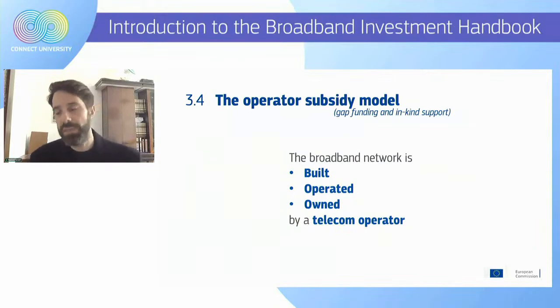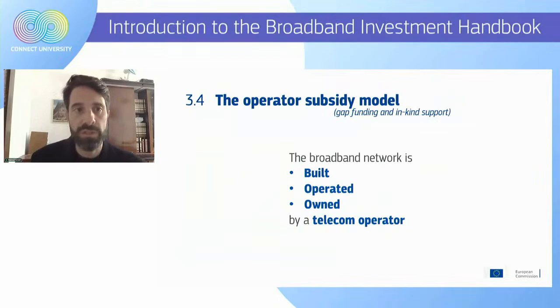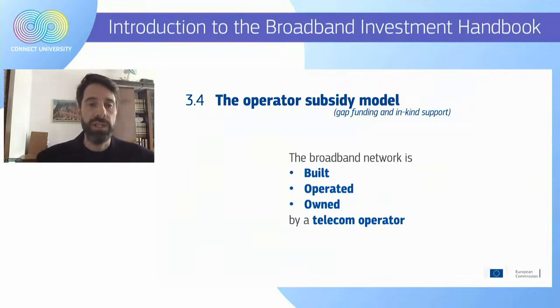Next is the operator subsidy model. This has been basically the go-to model in the early days of broadband deployment, and it's still widely used, although it has left more space to alternative models in more recent years. In this case, it is quite straightforward. There is already an actor, typically a telecom operator, that owns a network, and there is some market failure.